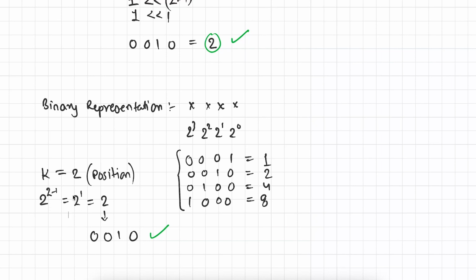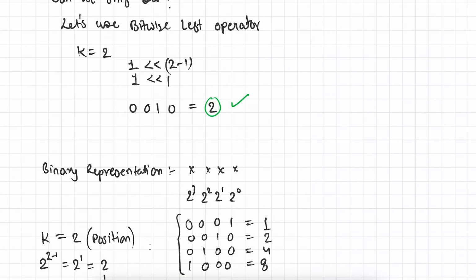So we simply get our number by taking the power of 2. So 2 to the power 1 is equal to 2, which means we get a number whose second position bit is set. And now we can simply bitwise AND it with the number, and we get our output telling whether the bit is set or not. So this is one way.